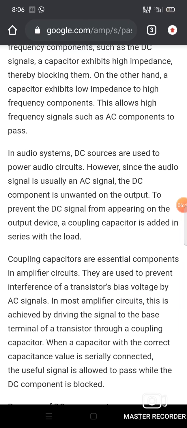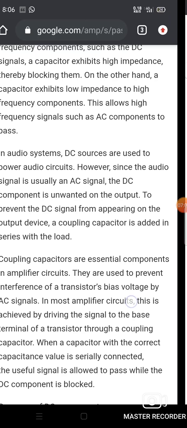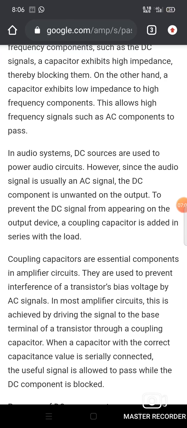Next, in audio systems, DC sources are used to power audio circuits. However, since the audio signal is usually an AC signal, the DC component is unwanted on the output. To prevent the DC signal from appearing in the output device, a coupling capacitor is added in series with the load. In the previous amplifier circuit, we have the collector terminal capacitor, C2.